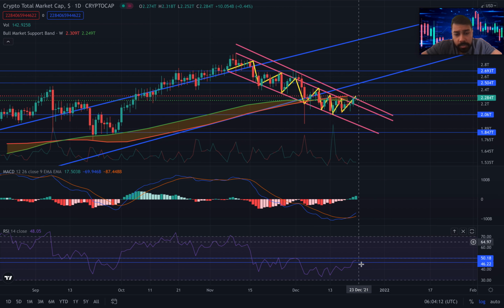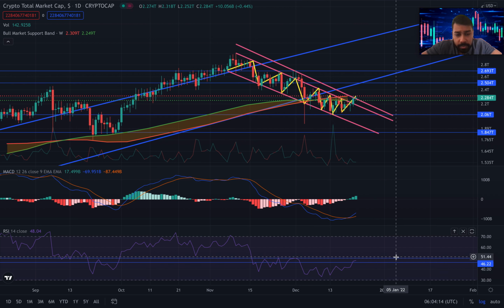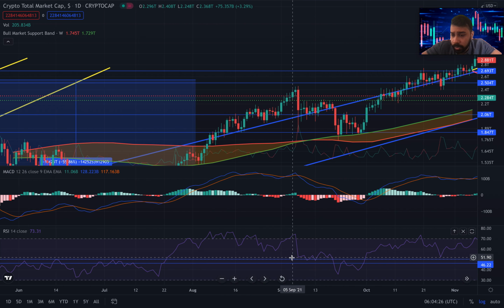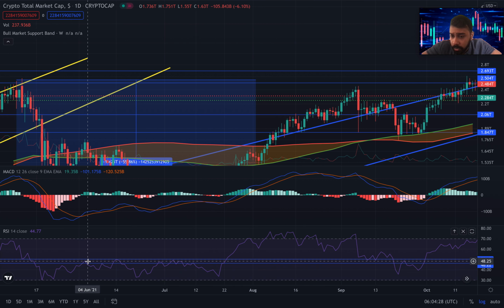Also note, considering the RSI, we do find resistance at 50.18. We have found resistance here, here, and if we look back, we can see we found a lot of resistance at 51.18.